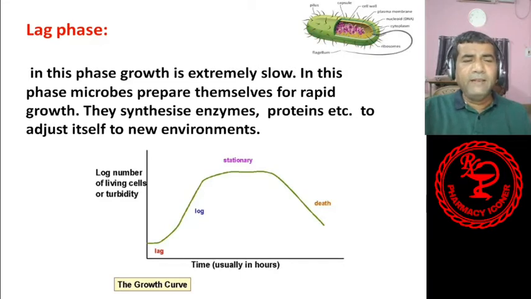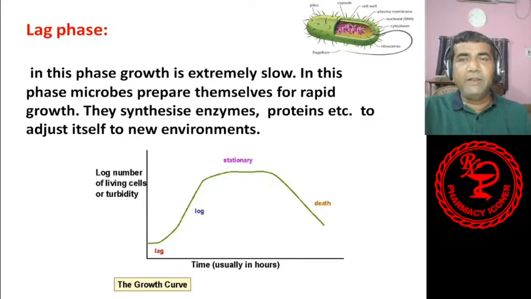Lag phase. This phase is the initial phase. That is, immediately after inoculation, growth does not occur because in this phase the microorganism prepares itself for rapid growth. In this time they adjust to the new environment and new type of nutrients.